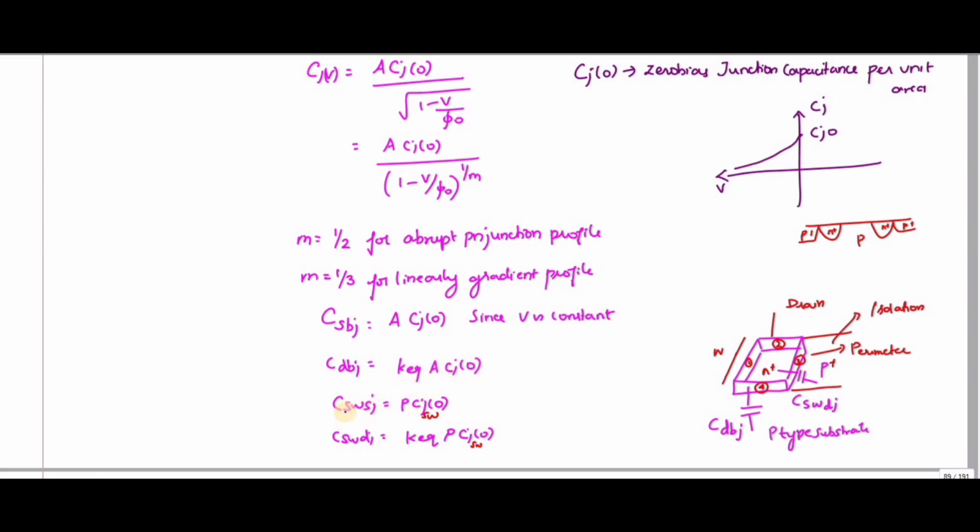Okay, next the sidewall capacitance. Sidewall capacitance of the source is equal to perimeter into CSWJ of 0, and the sidewall capacitance of the drain is equal to K equivalent into P into Cj of 0.